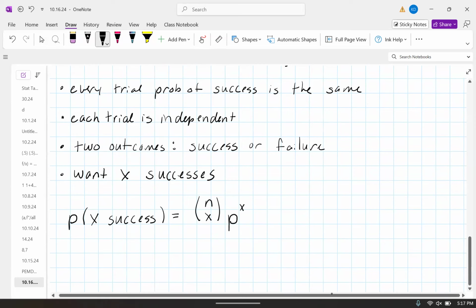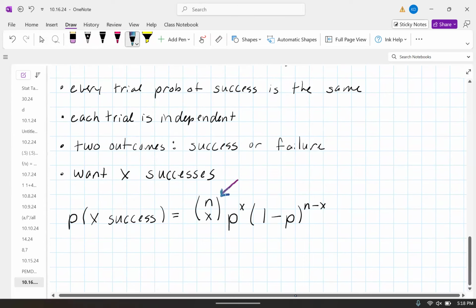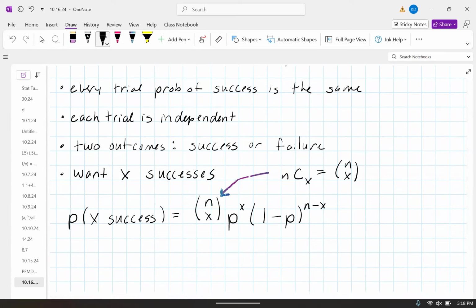Times the probability of success to the X power, times 1 minus the probability, so the probability we fail, to the N minus X. The number over number with parentheses, I forgot we used a different notation.